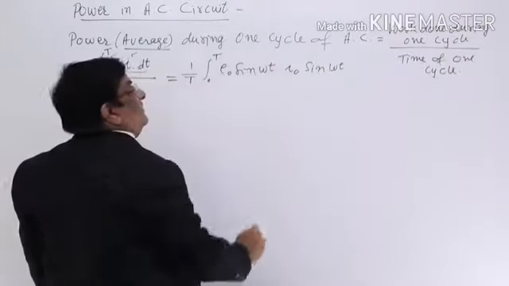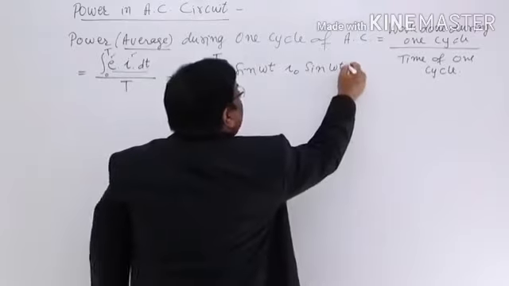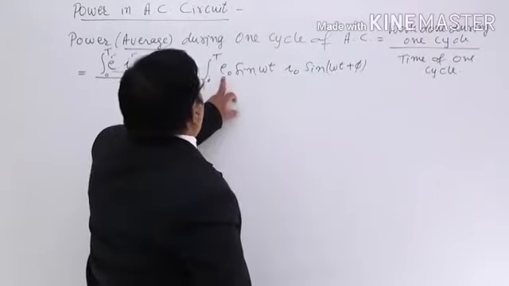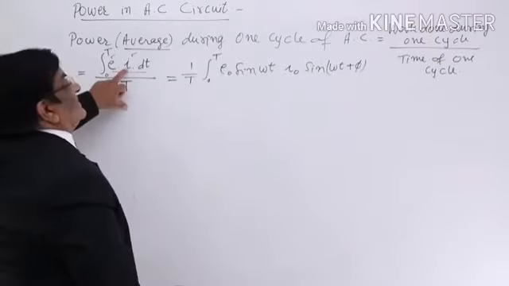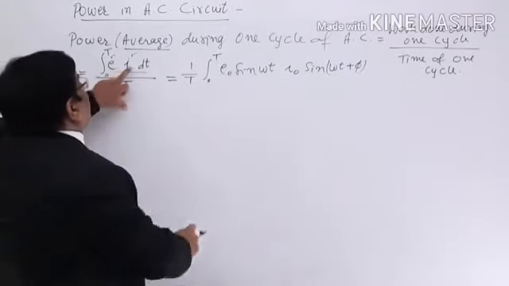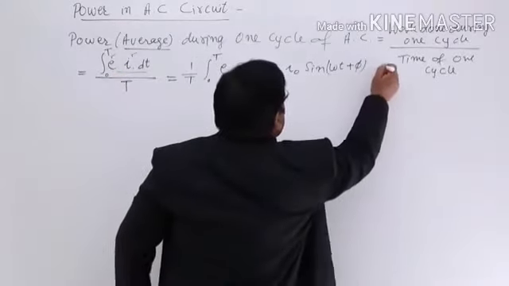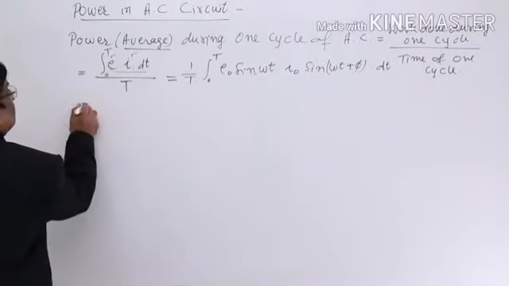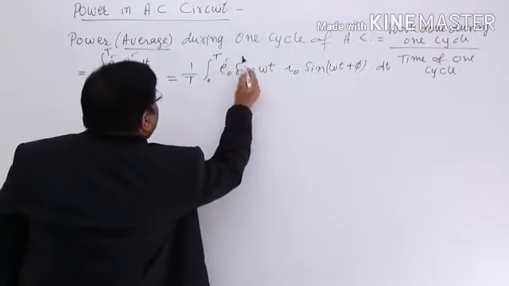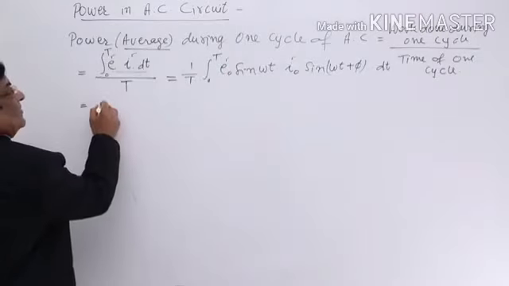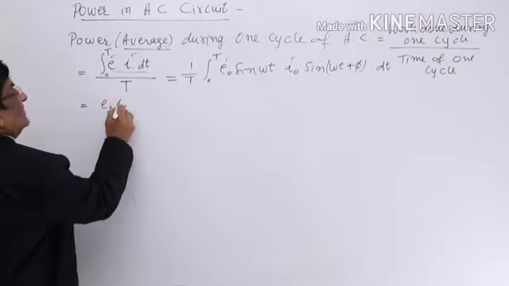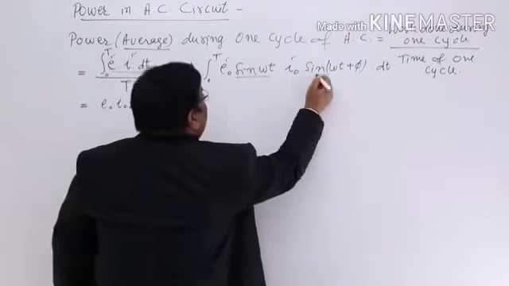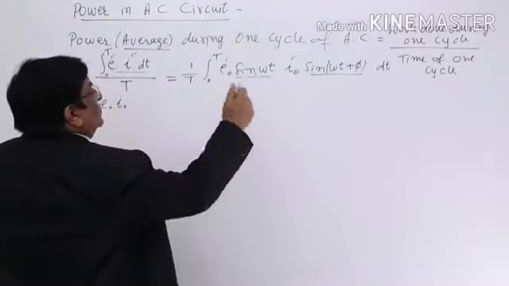Both may not be in the same phase. There may be a phase difference of phi. So let me write phi. So this is the instantaneous E, and that is the instantaneous I. These two are to be multiplied with a small time dt. Now for doing the integration, the two amplitudes are constants and come out: E naught I naught, and what we have here is sine omega t multiplied by sine of omega t plus phi into dt.